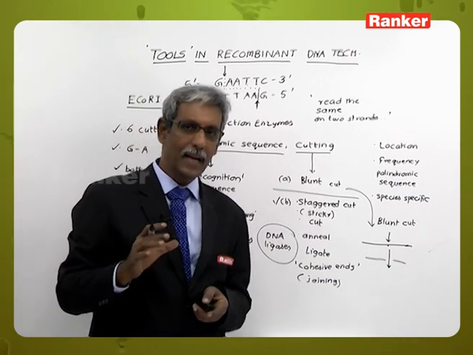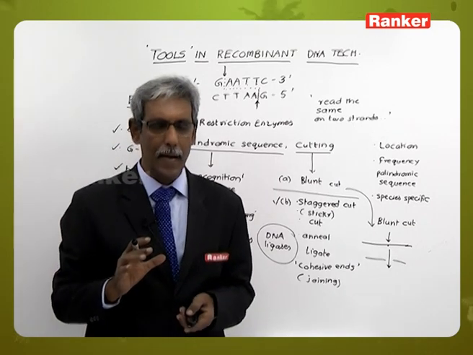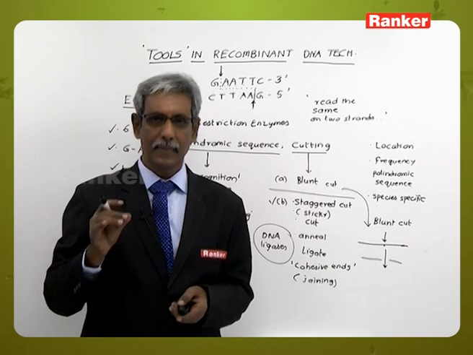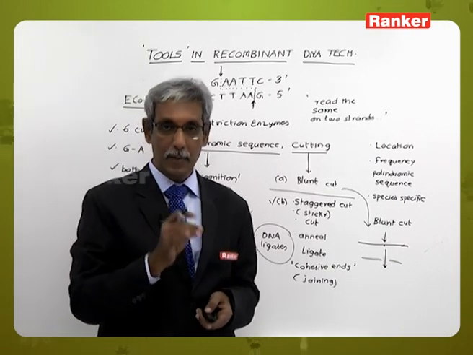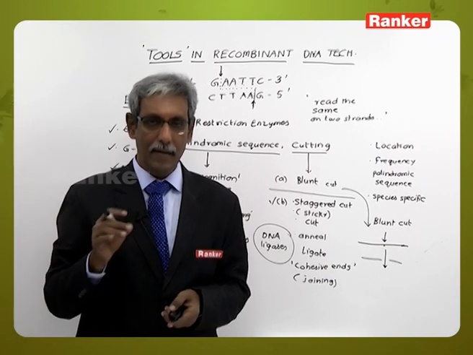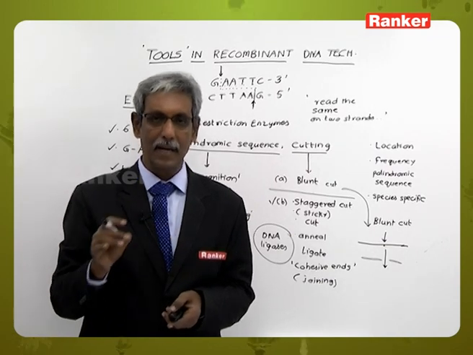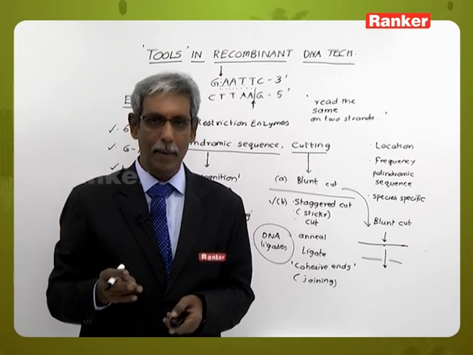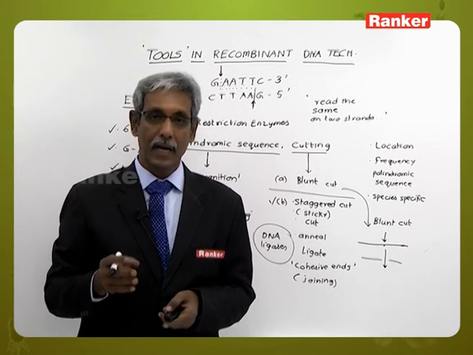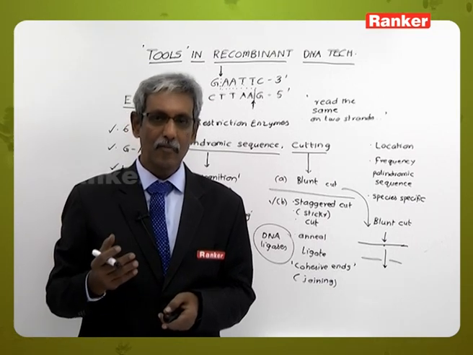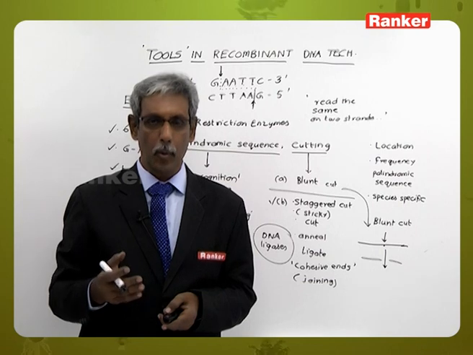Thereby, we understand that whenever we are studying restriction enzymes, the basic features are that they are sequence specific. Restriction enzymes recognize a palindromic sequence. They can be a 4-base, 5-base or 6-base cutter. They can provide a blunt cut or a staggered cut. When it forms a staggered cut, it forms cohesive ends.